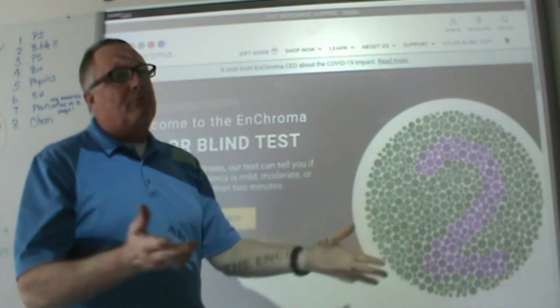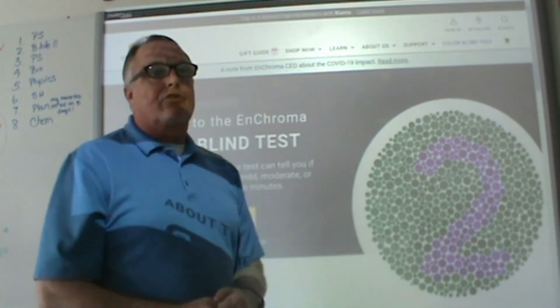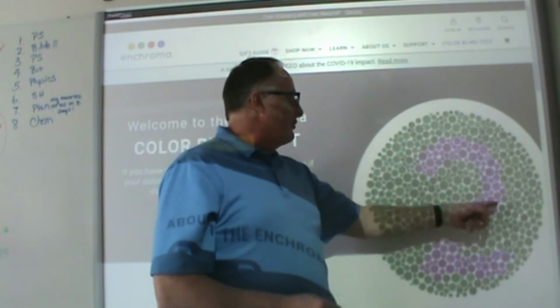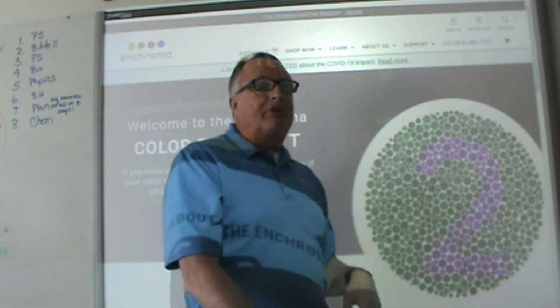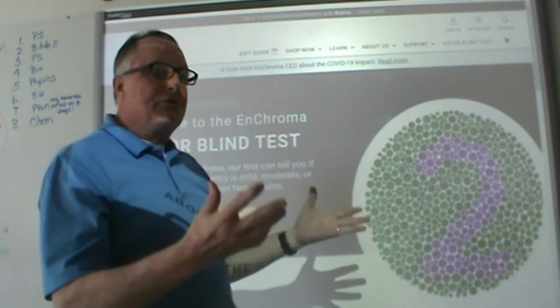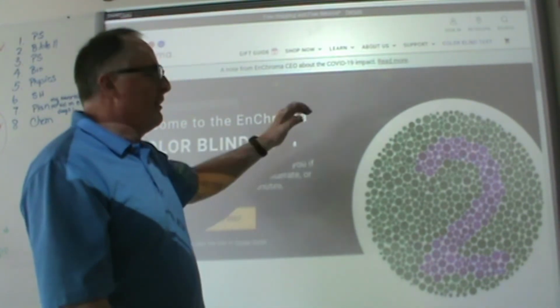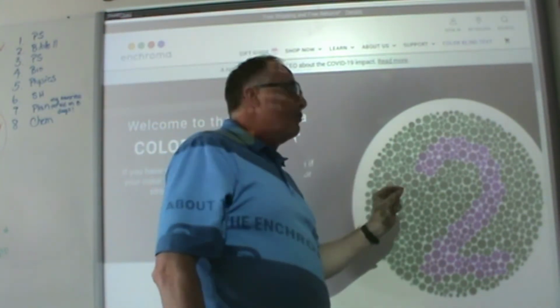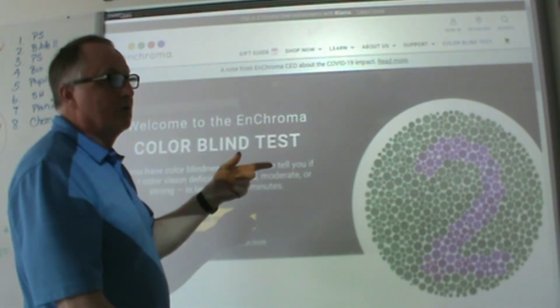There's probably about 15 questions, and it'll just show you a circle with different colored little circles in it, and you will identify what number is there, or say if you can't see a number, or it looks like there might be one but you're not really sure, and you just click through at the end, and then it'll give you the results. It will try and get you to put in an email so that they can market to you.